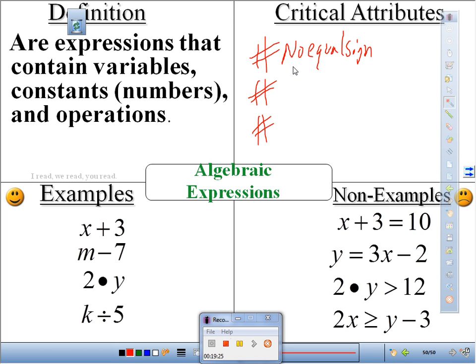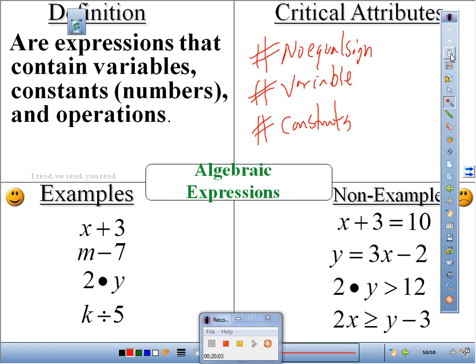Hashtag variable. One more. Hashtag what? Constants. And so on and so forth. Yeah?